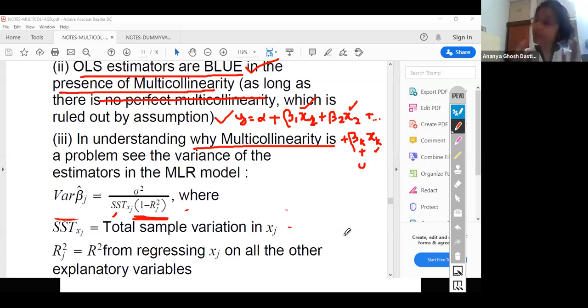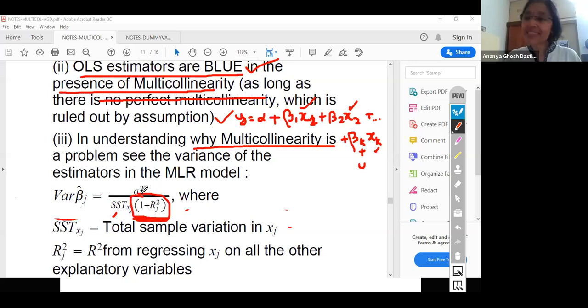If there is high correlation among the x variables, then this R squared value will be very high. When I run a regression of one explanatory variable on all the others, and if they are very highly correlated, I'll get a very high goodness of fit. Now what will that do? That very high goodness of fit will reduce this term.